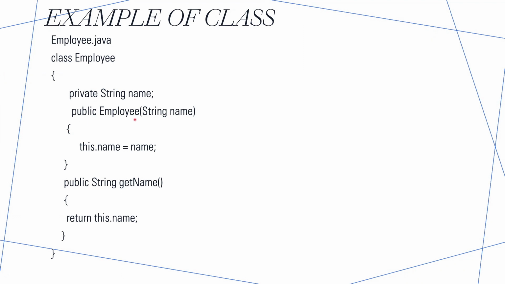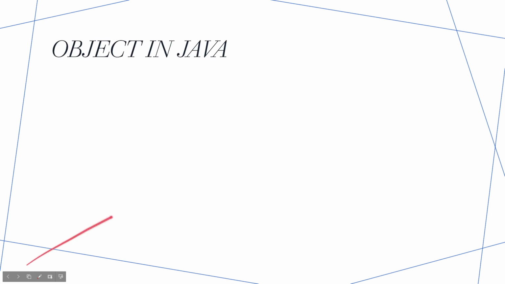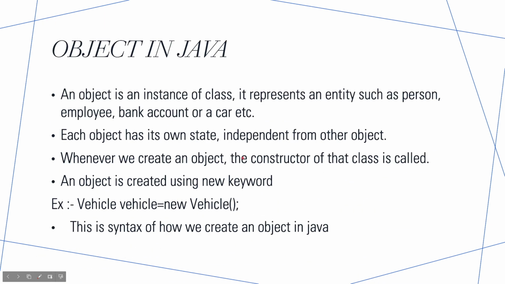Now let us see what is an object in Java. An object is an instance of a class. It represents an entity such as a person, employee, bank account, or a car, etc. So an object is nothing but an instance of a class, and it is something that represents the entity.